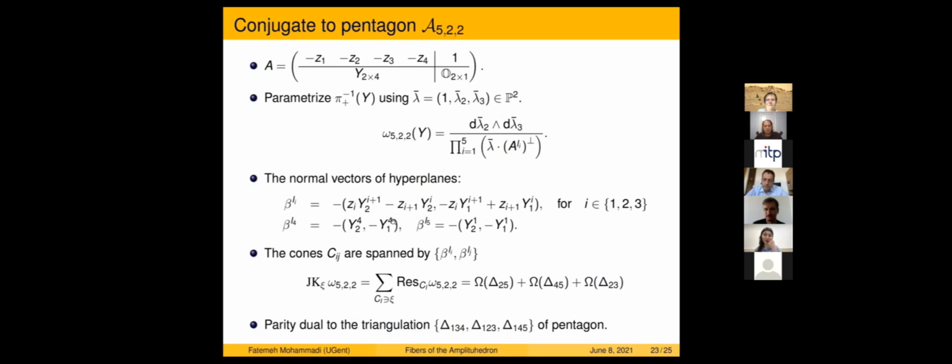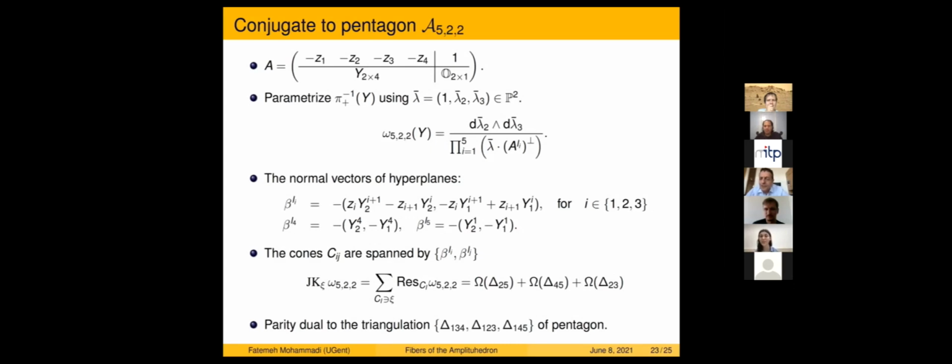Once you have the polyhedral fan, you have exactly these triangulations. So this triangulation is in terms of these three positroid cells, and then you have the concrete description of this positroid cell, if that's what you mean.